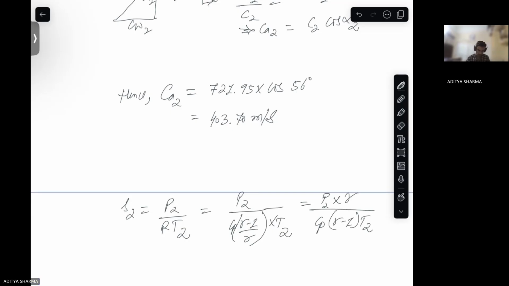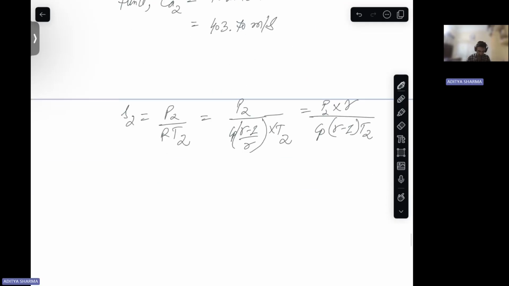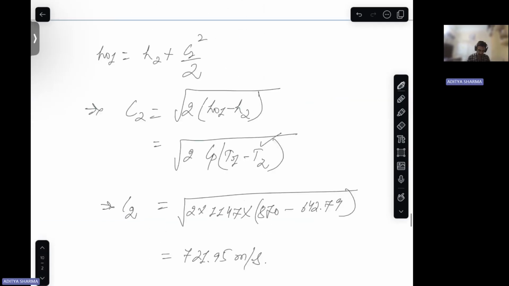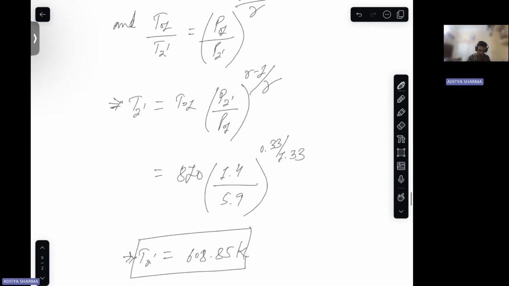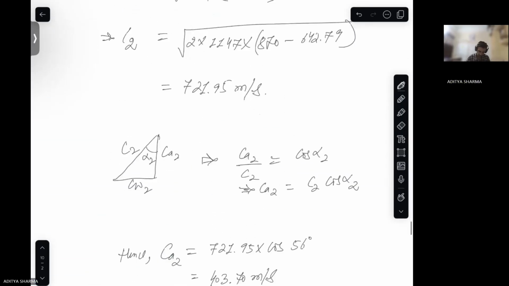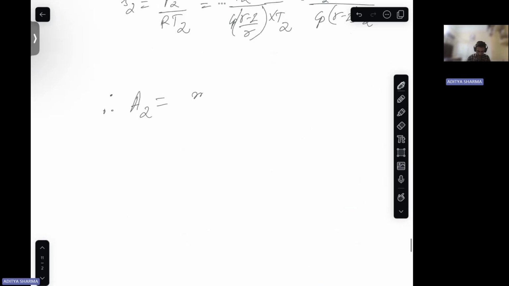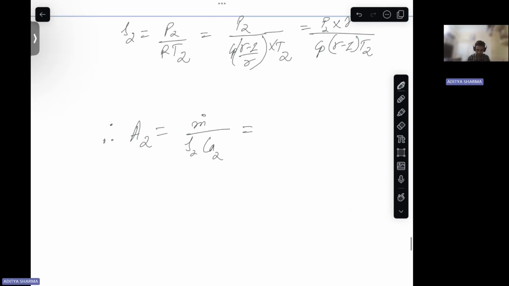So this is your rho2. So coming back to the first expression, A2 is mass flow rate by rho2 CA2. So this we are giving here.